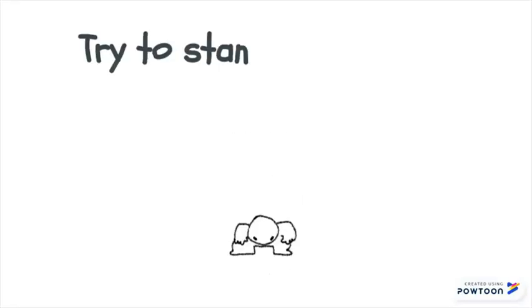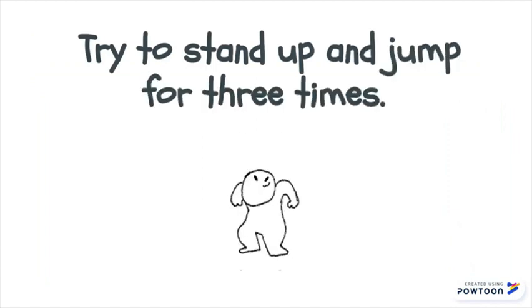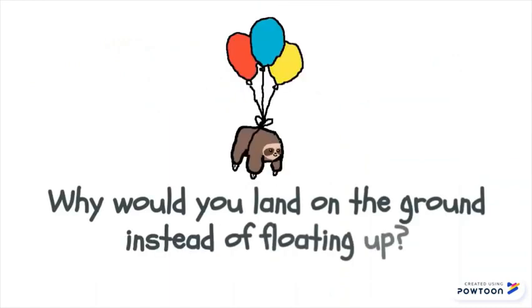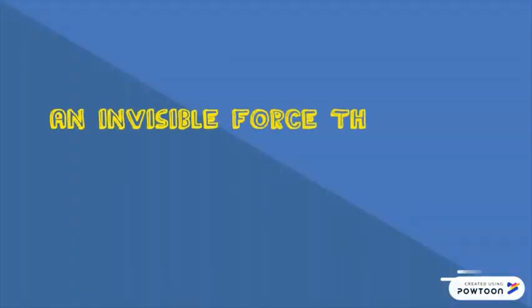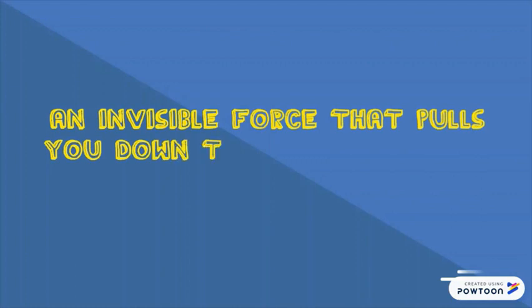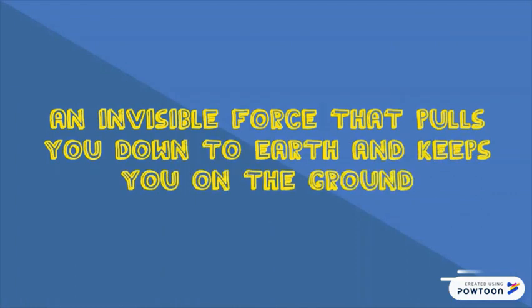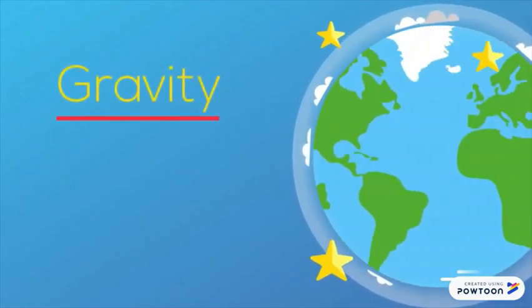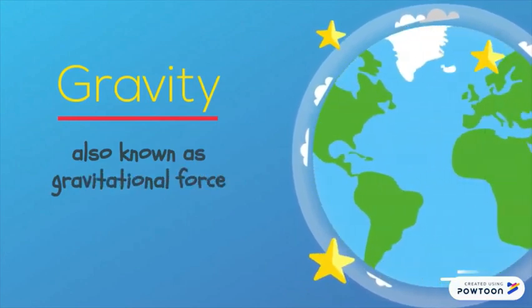Now, try to stand up and jump for 3 times. Why would you land on the ground instead of floating up? It's because there is an invisible force that pulls you down to earth and keeps you on the ground. That invisible force is called gravity, also known as gravitational force.